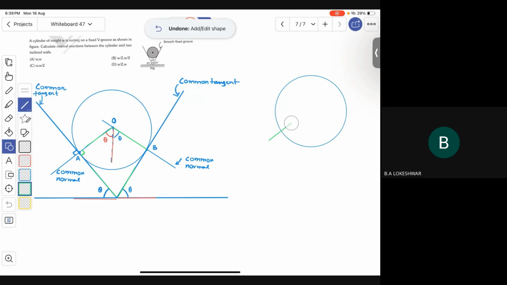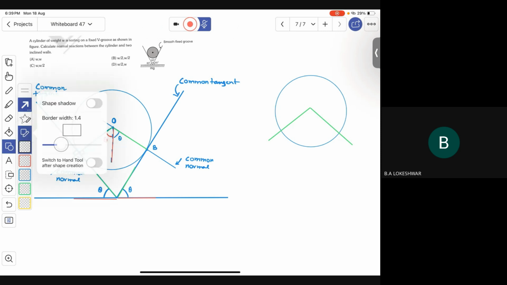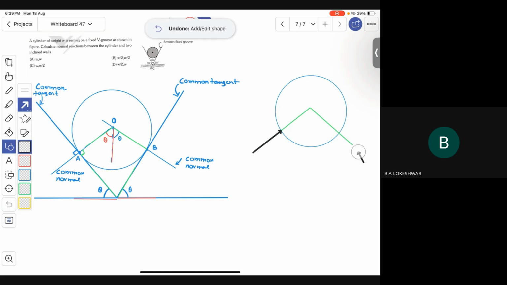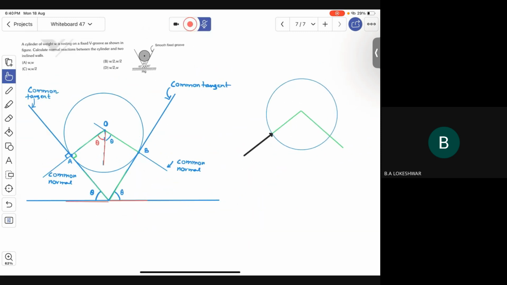The normal contact force acting at the point A, I will call Na. The normal contact force at B, I call Nb.